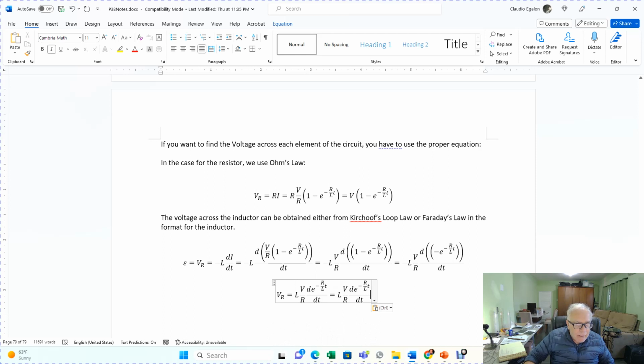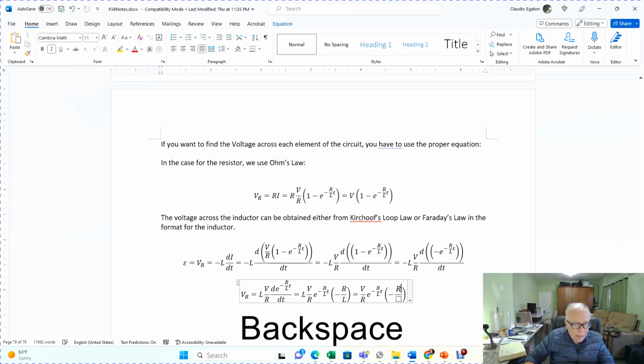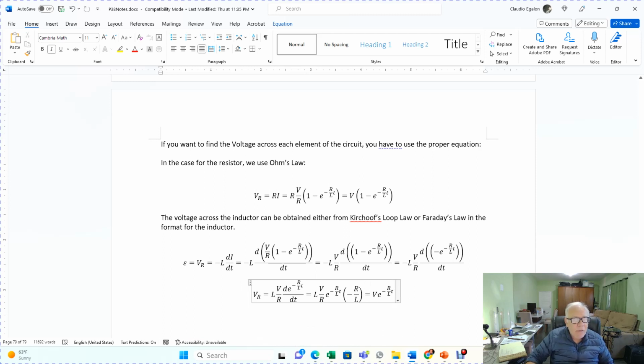Okay, and we're going to get an exponential term, minus R over L. And the L cancels out with the L, the R cancels out with the R, and we end up having this relationship here.